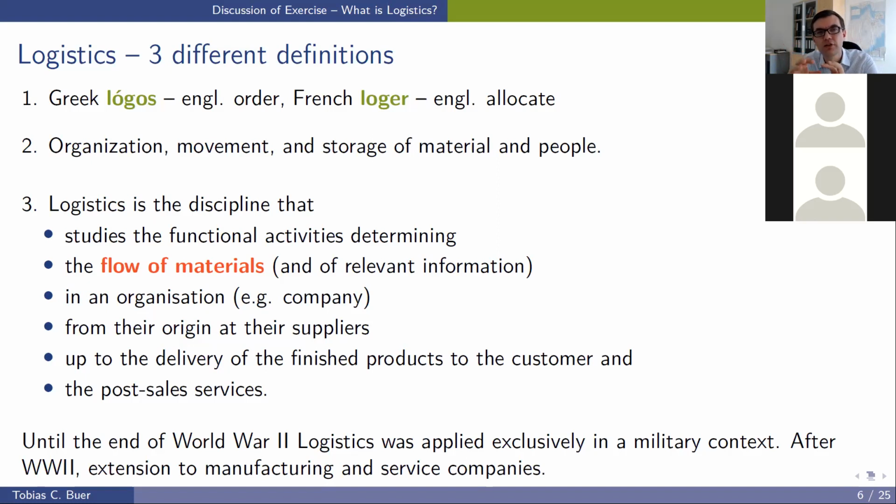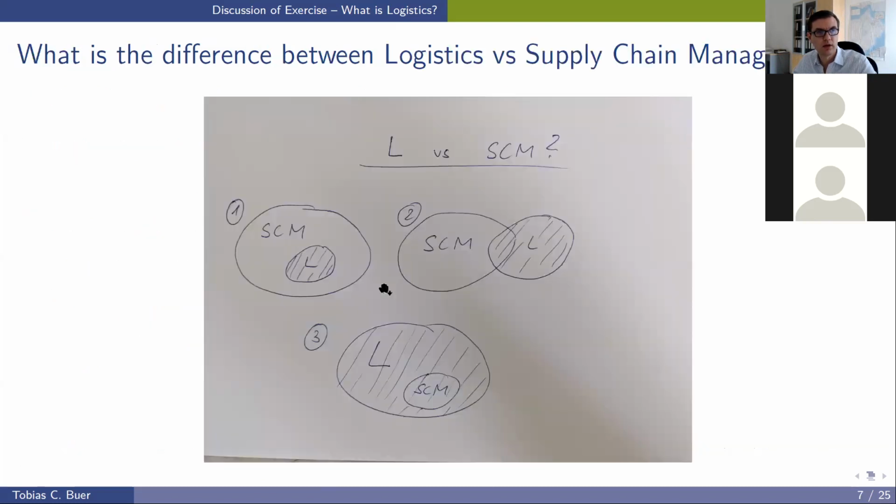And if you look in different textbooks, as you just saw from the exercise, you will find different definitions of logistics. And therefore, I'm not saying this is the only definition that is acceptable, but I think this definition covers many relevant aspects, and therefore it's just a useful definition. Okay.